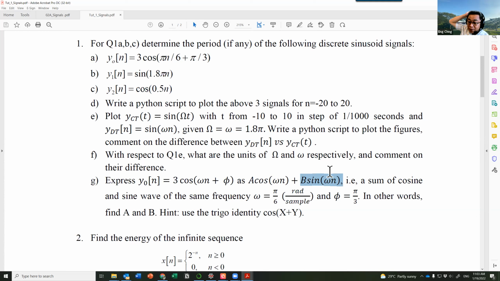And in fact, Fourier series is doing this, or Fourier decomposition. It will decompose the cosine wave with phase shift into a cosine wave without phase shift plus a sine wave without phase shift. All right, that's the cool idea. Okay, let's try.